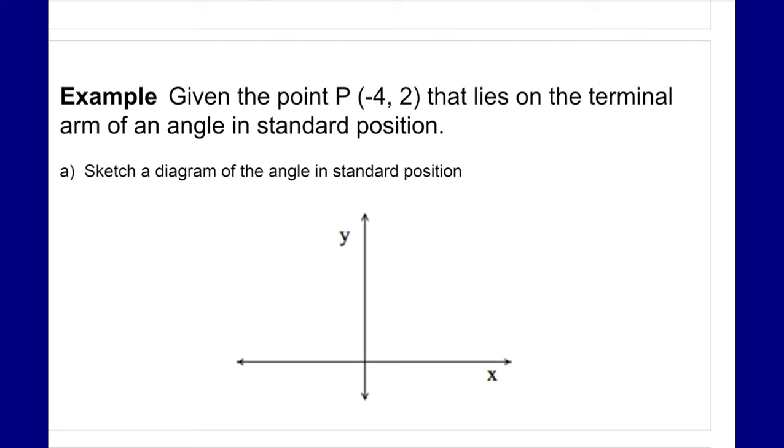So if I find (-4, 2), -4 on the x, 2 on the y, and then my angle, again, remember the angle comes from the initial arm or the x-axis on the positive side. So that's what it looks like. So a little bit different than the last one. And we're going to go through the same questions.